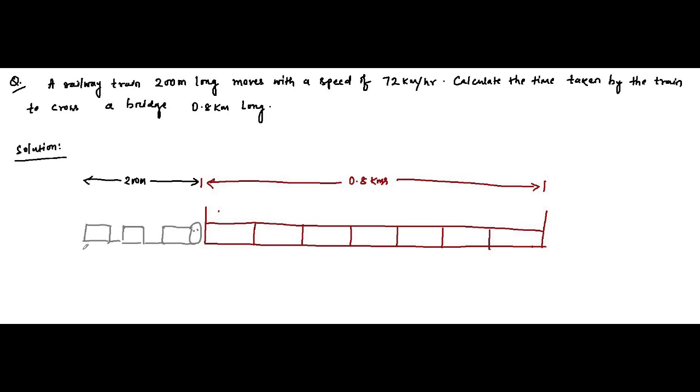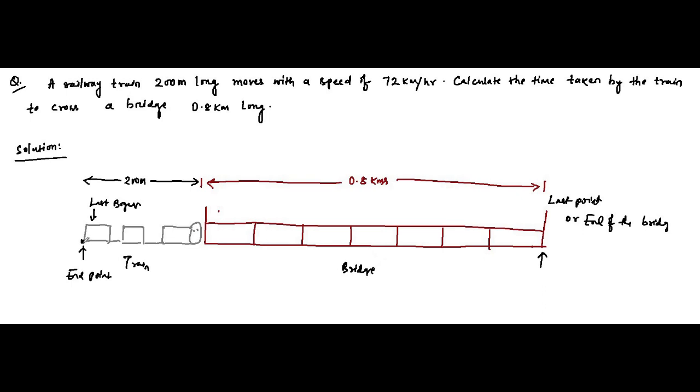When this last point, the last section of the last bogie of the train, this end point, crosses this point, the last point or end of the bridge, then only we can say that this train has completely crossed the bridge.